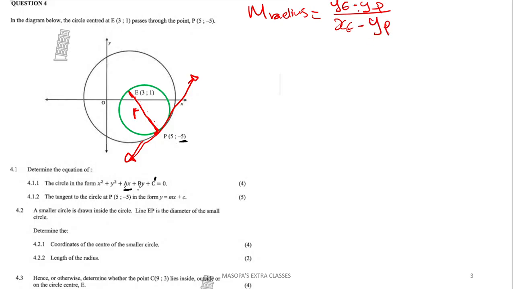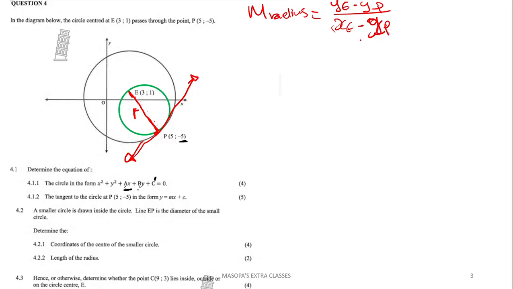Before you go on, please don't make a mistake whereby you say the y value of E and then this time you swap. If you started with the y value of E, it must be divided by the x value of E, and the same on the other side, we have the y value of P, and I made a mistake. It's supposed to be the x value of P.